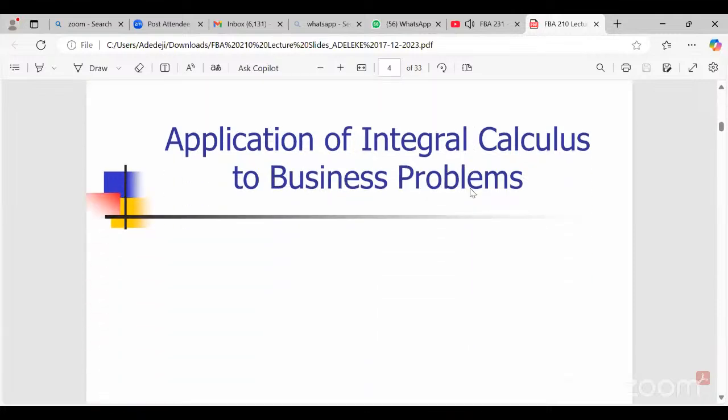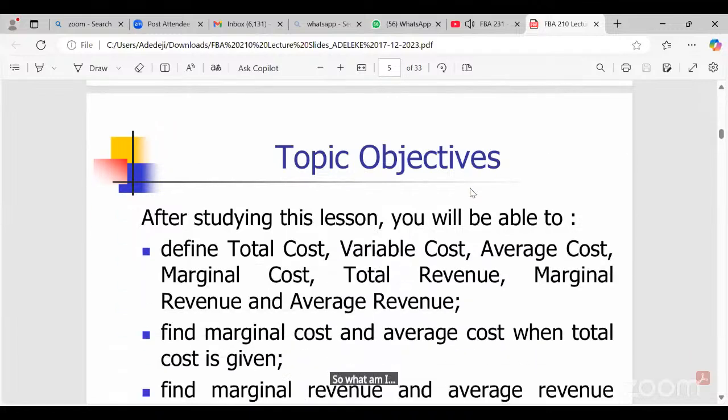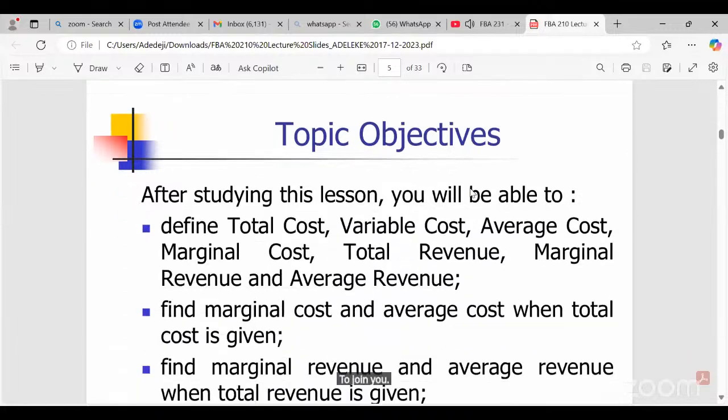So what am I teaching you? To apply integral calculus.